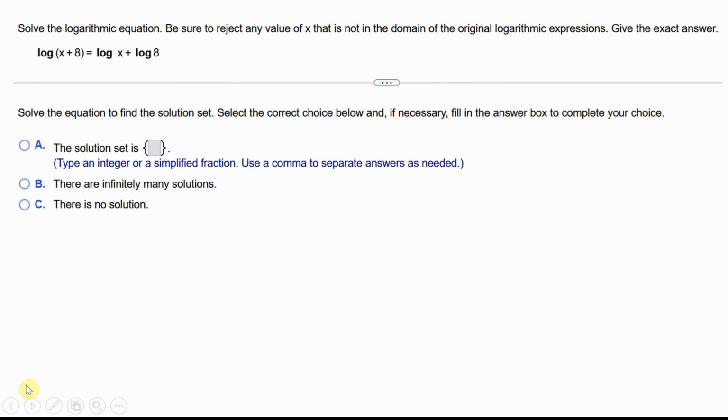All right, let's look at this one. If you don't see the base, it's the common base of 10. So let's see what we have here. This is log of x plus 8 minus, I'm getting all the logs on the same side, minus log of 8x, that's equal to 0.